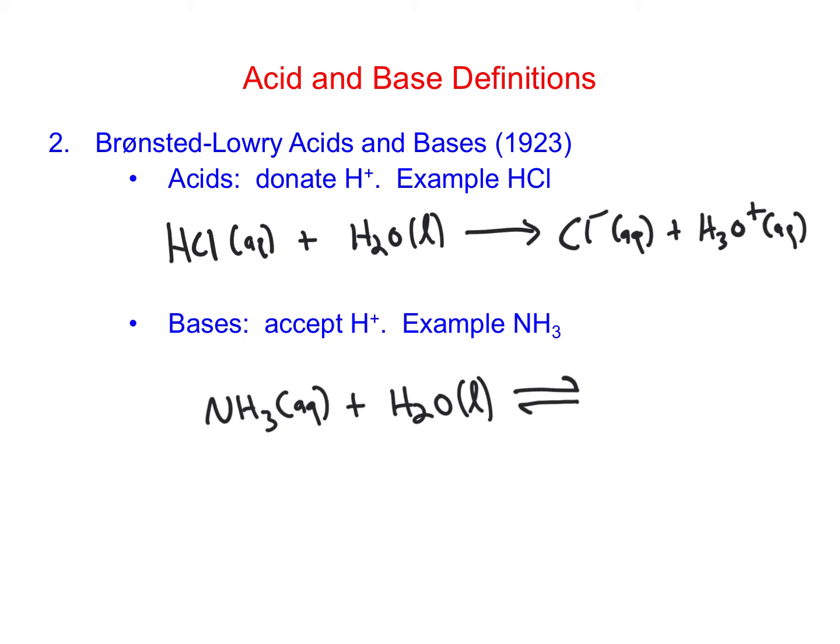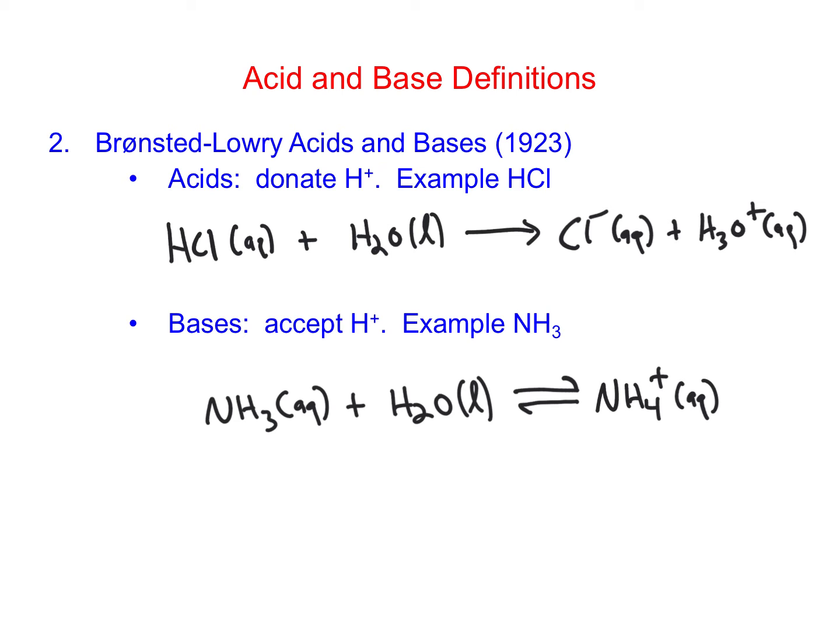So if ammonia is acting like a base, it's going to accept an H plus from the water, or you can think about it as stealing an H plus from the water. And so on the product side, what was the NH3 is going to pick up an H, so it's going to be NH4. But it's not just picking up an H, it's an H plus that's being transferred. And so we're going to get NH4 plus.